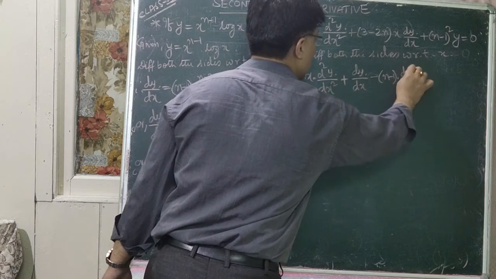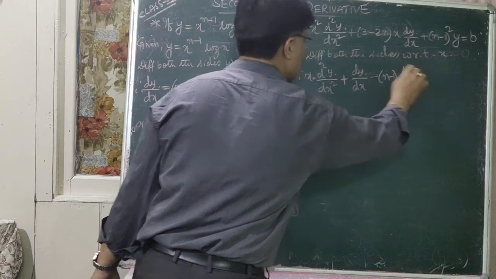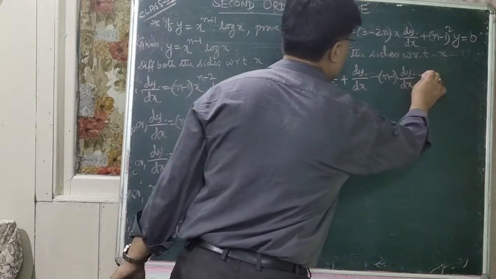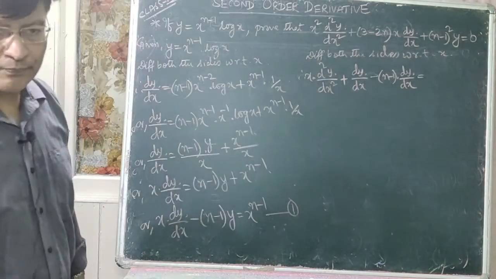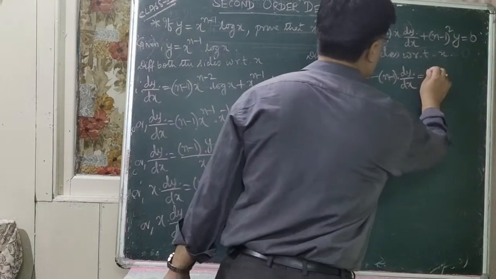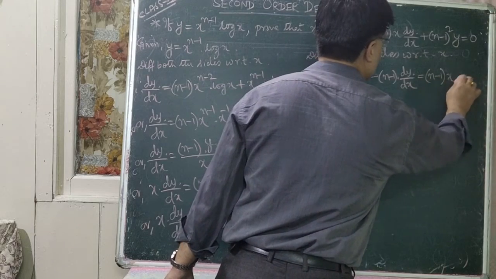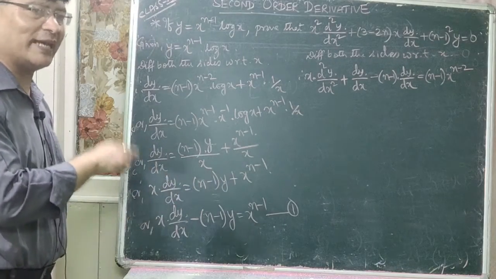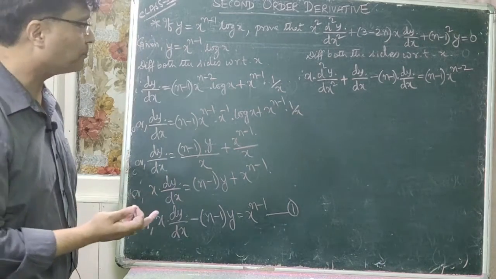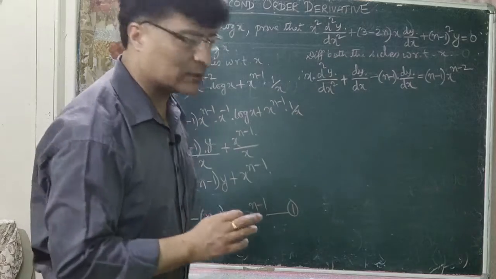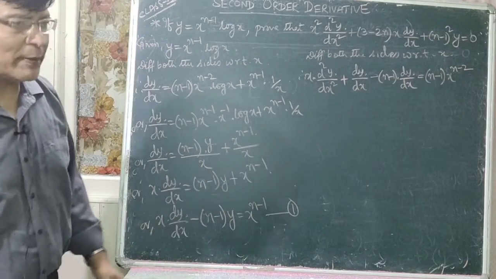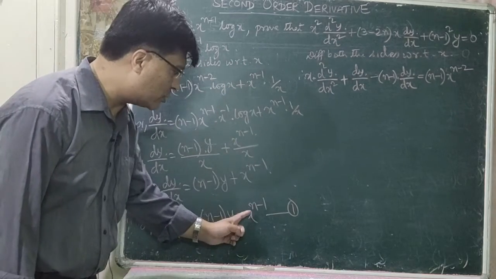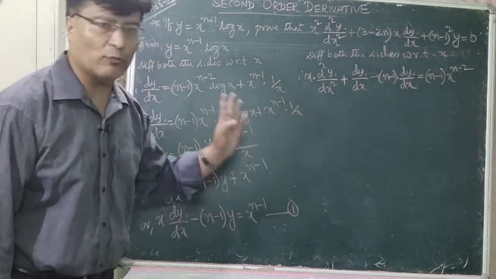Take the differentiation of y with respect to x, that is dy by dx is equal to, now on the right hand side, what is the differentiation of x to the power n minus 1? It is n minus 1 into, n minus 1 comes in the front, x to the power n minus 2. It is just like x to the power n, which is n into x to the power n minus 1. So I think you have understood it. So now again x to the power n minus 2, you can make it x to the power n minus 1, so that we can put the value for x to the power n minus 1 from 1.